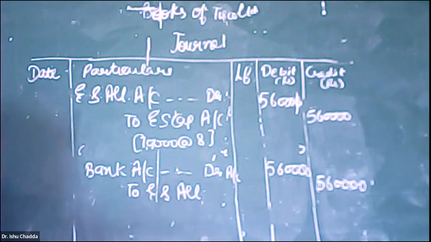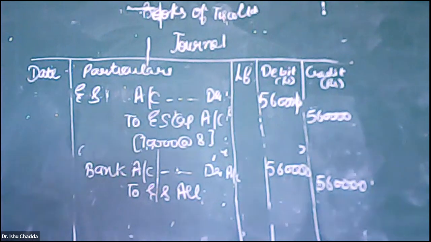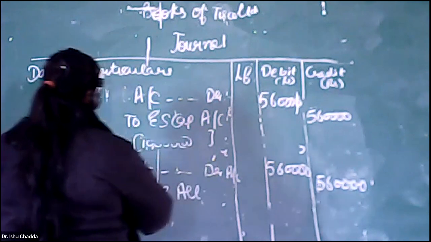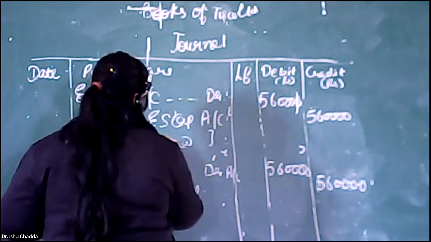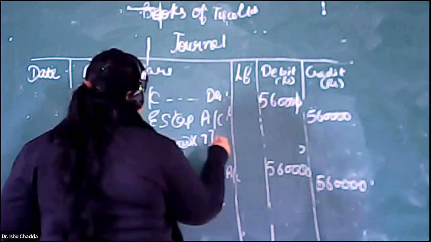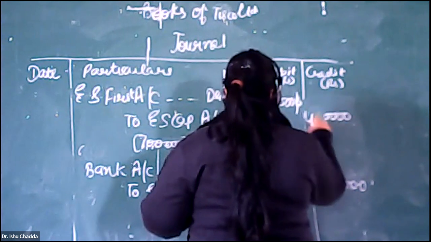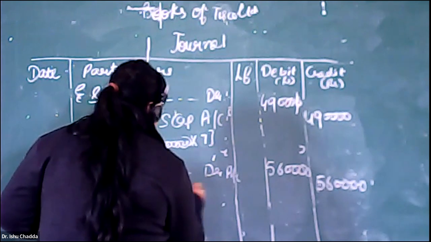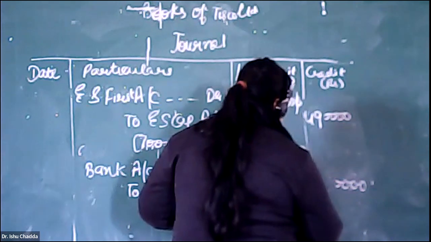After that, you have made the equity share first call: equity share first call account debited to equity share capital with the amount of 4,90,000, that is 70,000 shares at rupees 7. Then the second entry is bank account debited to equity share first call account with 4,90,000.